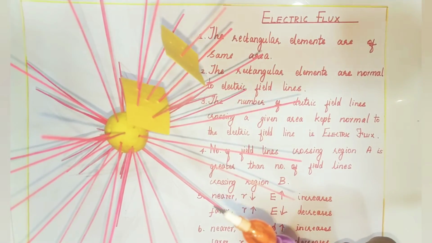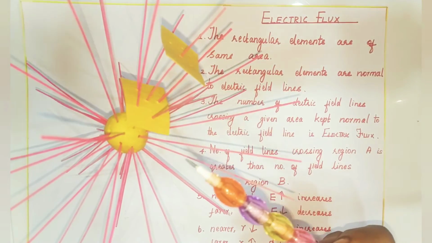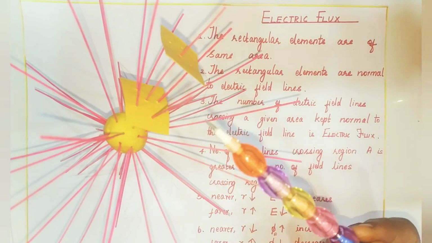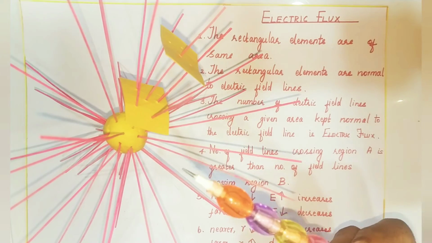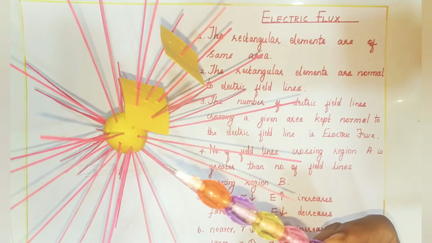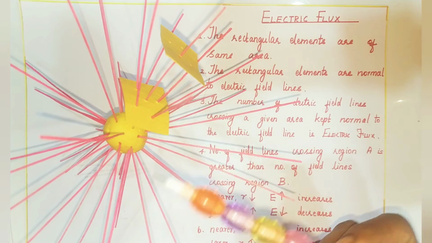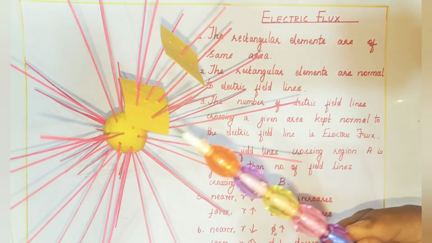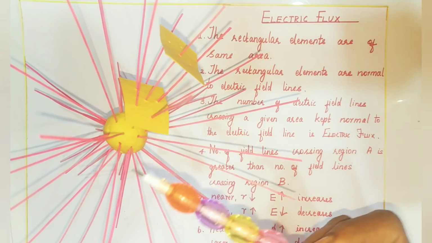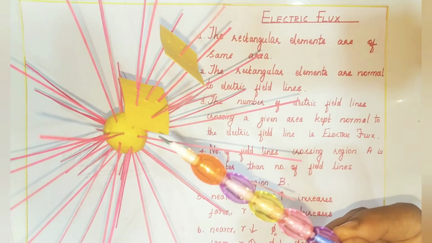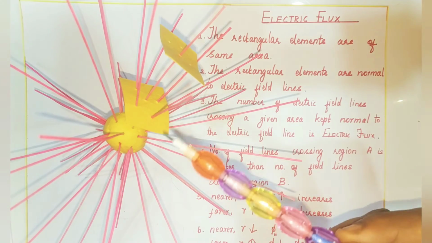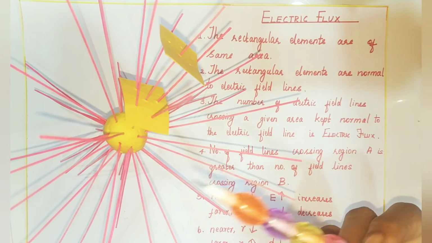I have placed two rectangular area elements on the path of the electric field lines. Here what we observe, the rectangular elements are of the same area and are normal to the electric field lines. That is, they are placed perpendicular to the electric field lines.